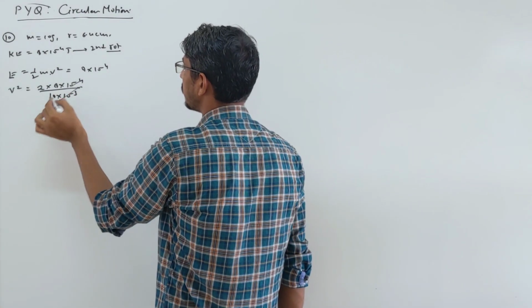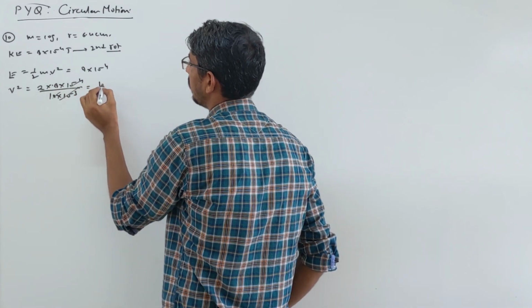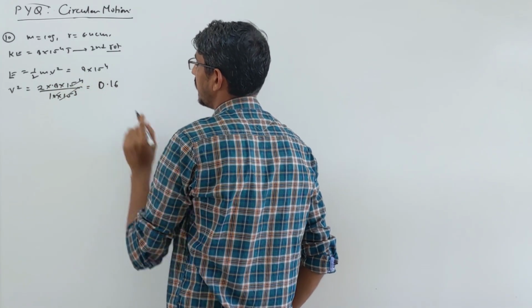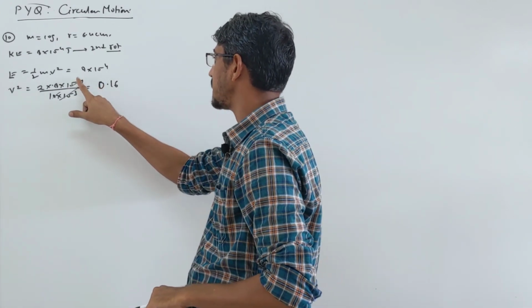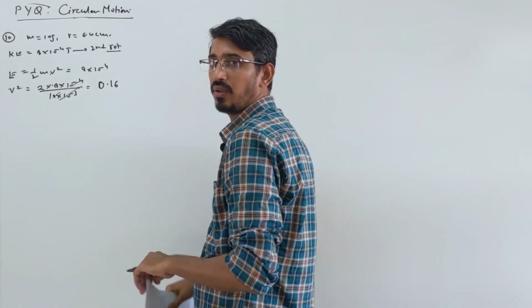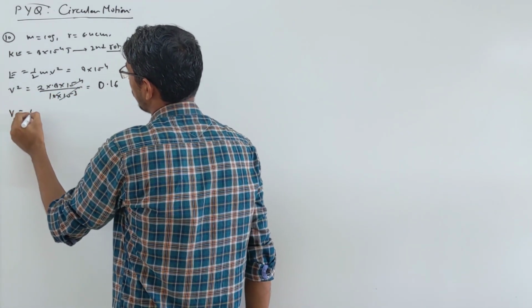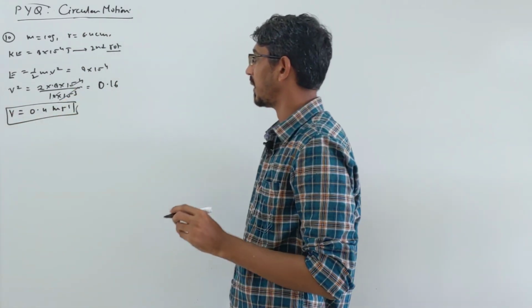Solving this, it becomes 0.16. So v becomes the square root of this, that is the final velocity of this particle.